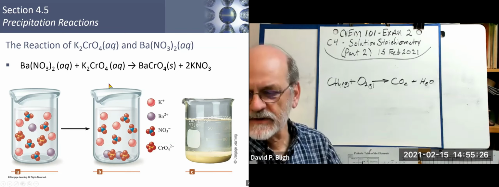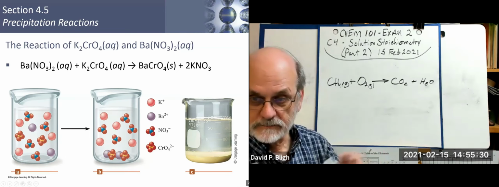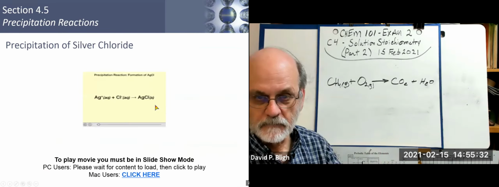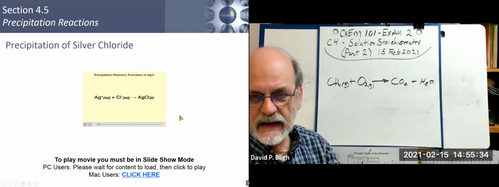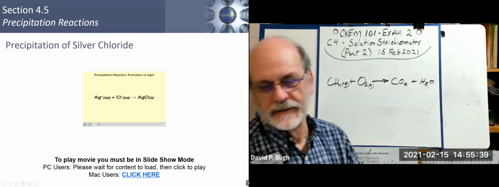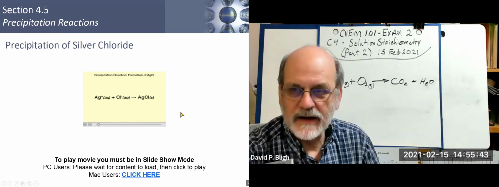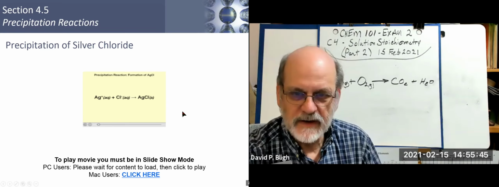So that's an example of a double replacement precipitation reaction. This is not going to work for the same reason as all of my flash. Since flash is no longer supported, it doesn't work anymore. So I got to get rid of that slide and replace it with something else.